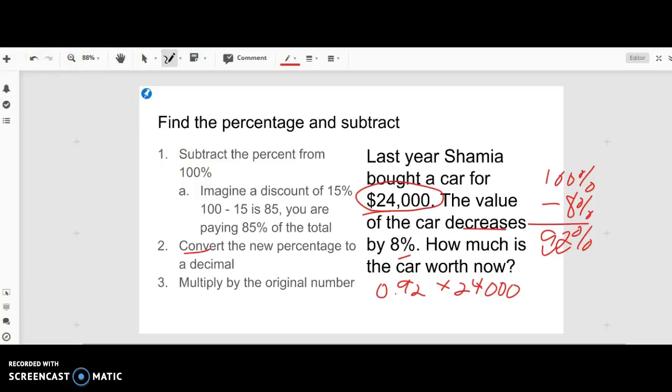Put that in my calculator. So 24,000 times 0.92, don't get me wrong, becomes $22,080. Exact same price as we had before.